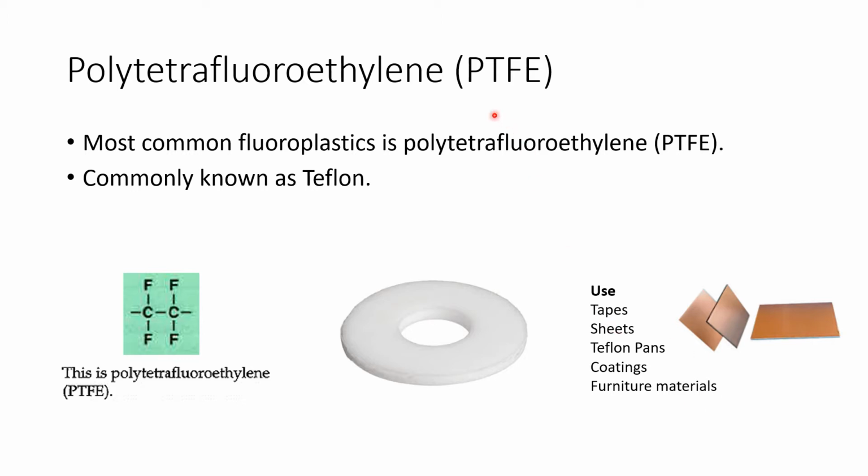So what are we using PTFE for? To make tape, sheets, Teflon pans, coatings, and furniture materials. Some furniture, even though it looks like wood because we paint or decorate it, is not wood. It's just plastic.